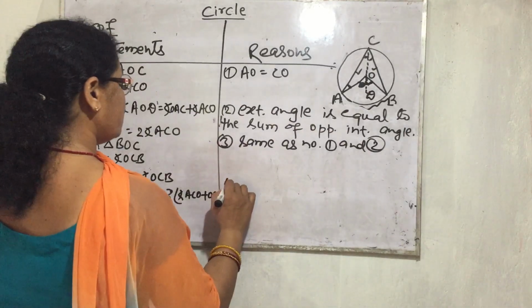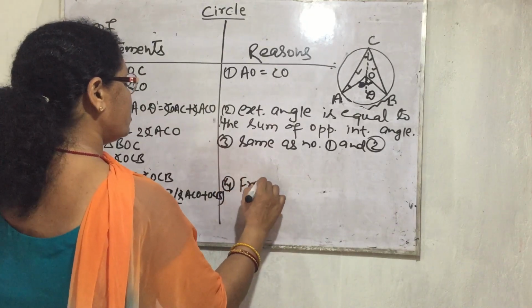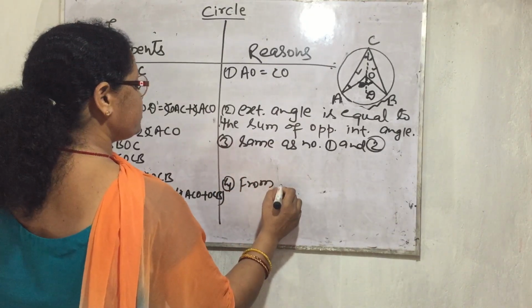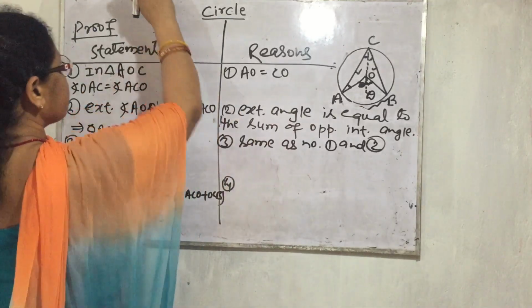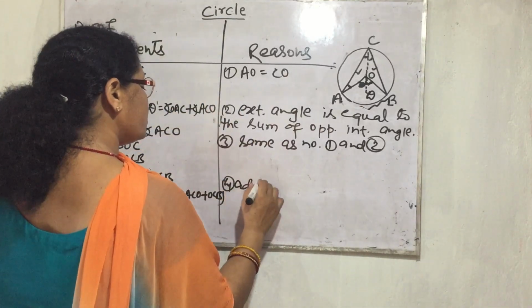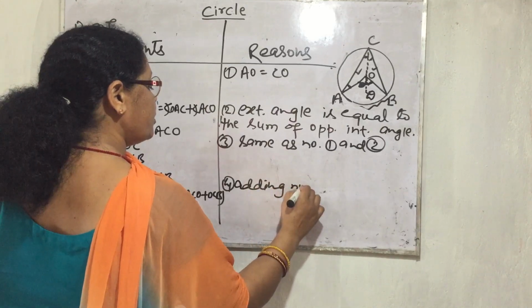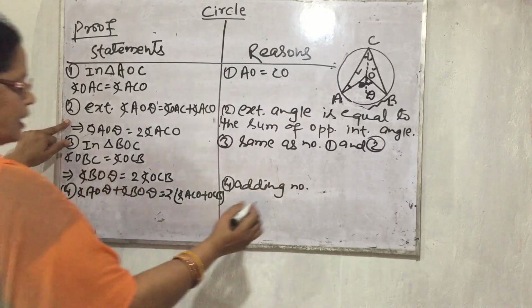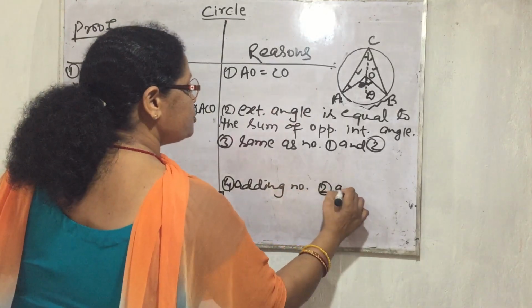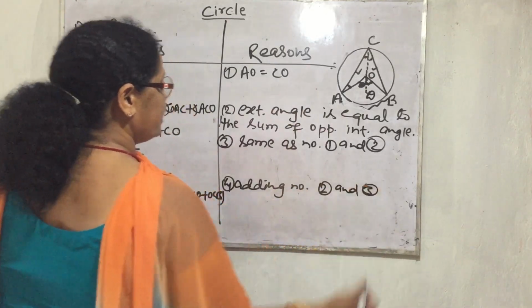And reason: which numbers have we added? Adding number 2 and 3.